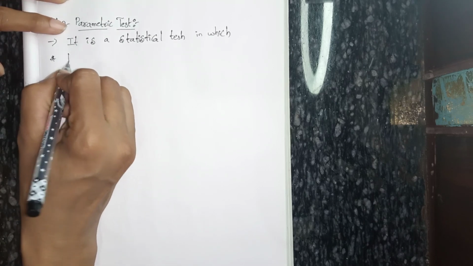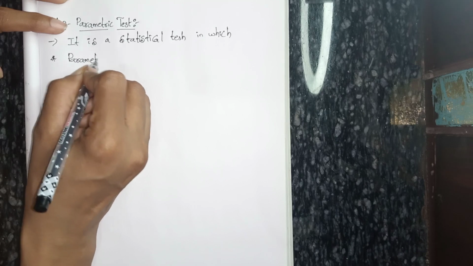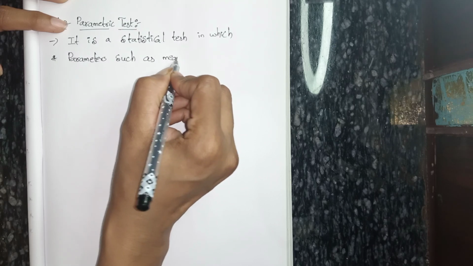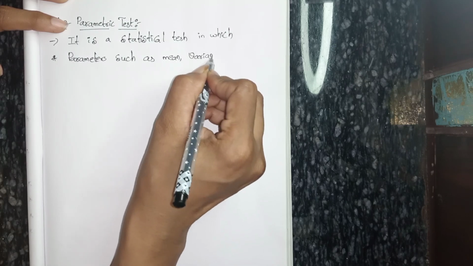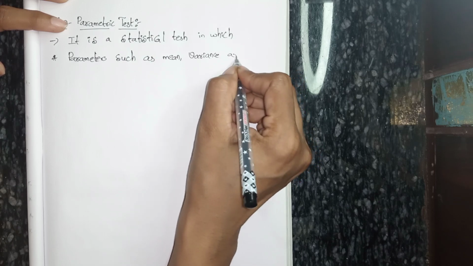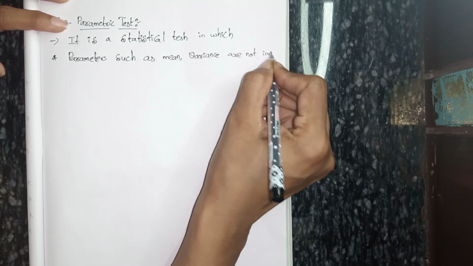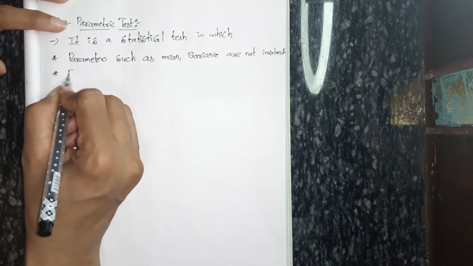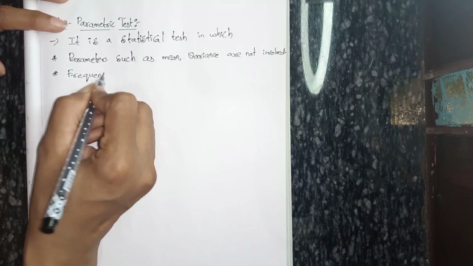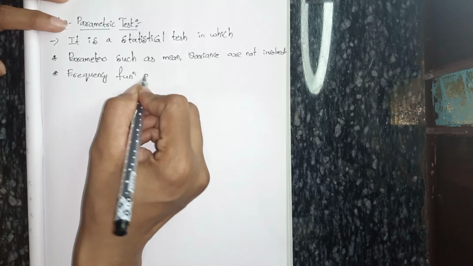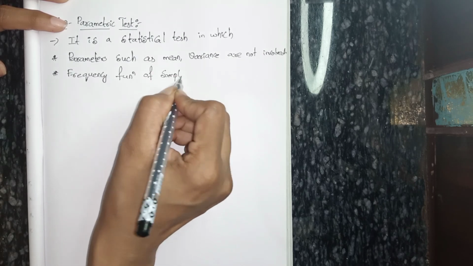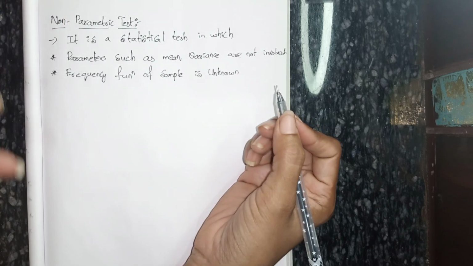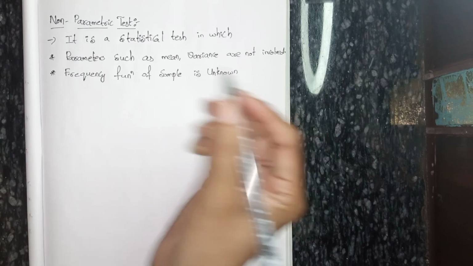So here parameters such as mean and variance are not involved. Next, second point, here the frequency function of the sample is unknown. We don't have any idea about the frequency function of the sample.